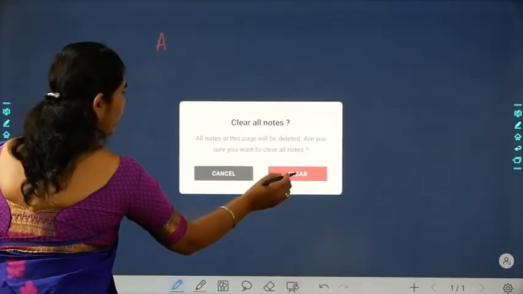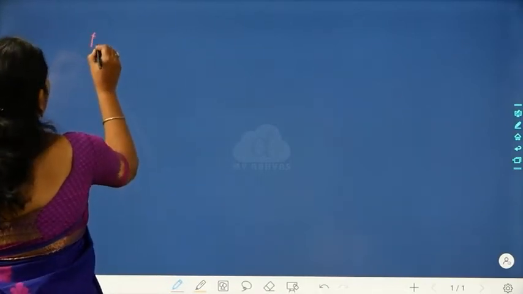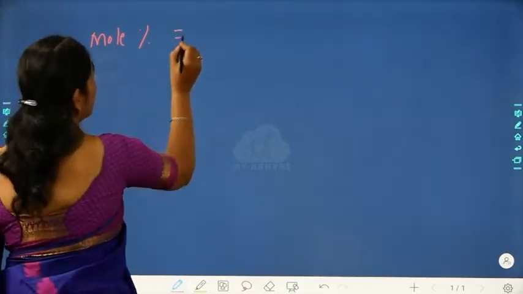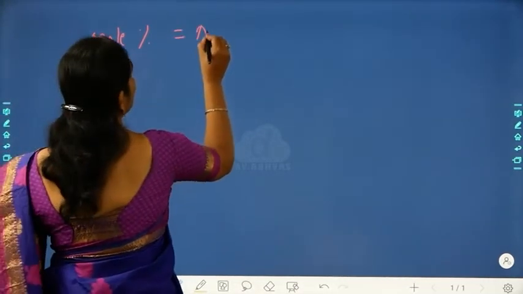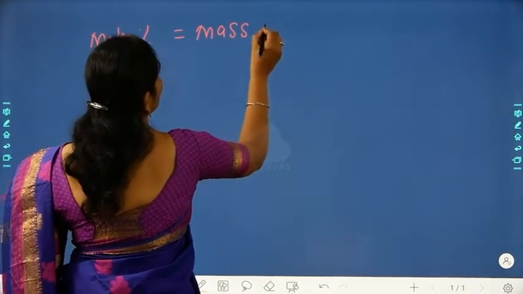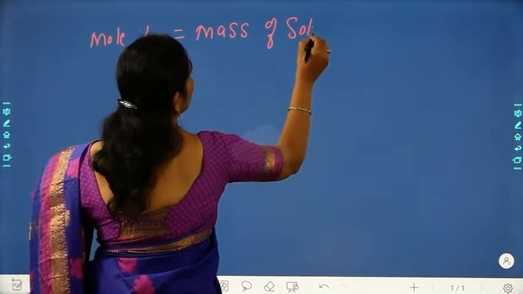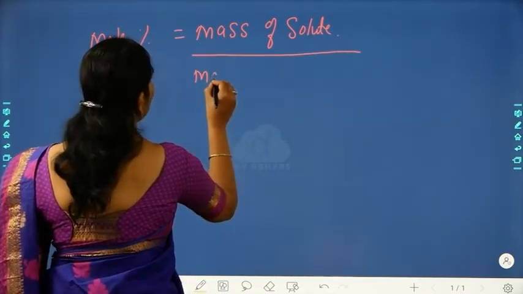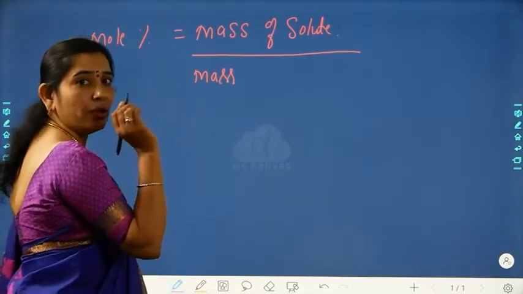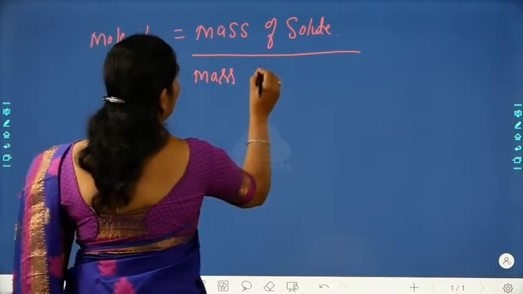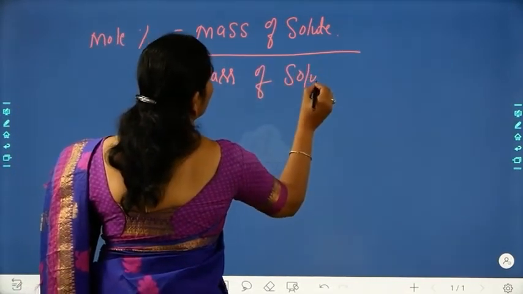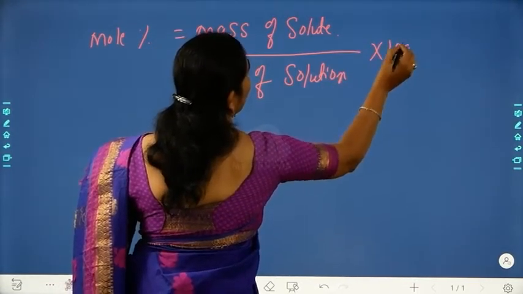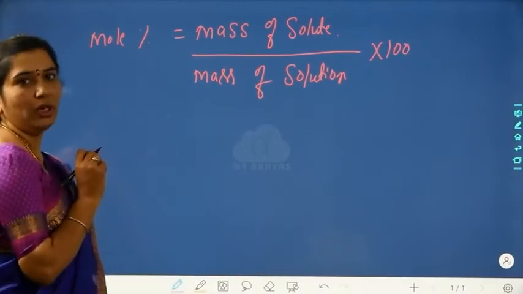Now, what you need to calculate is mole percentage. For that numerical, mole percentage is equal to mass of solute divided by mass of solution, into 100. Students, first you have to write the formula. Please don't forget to write this formula.